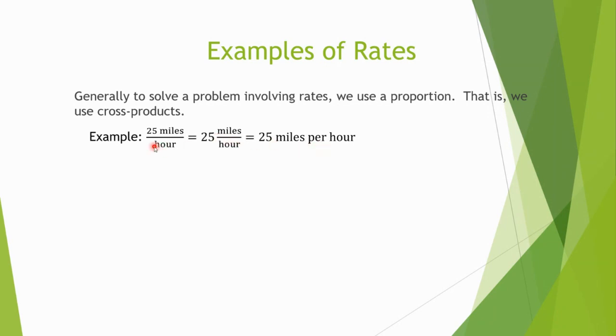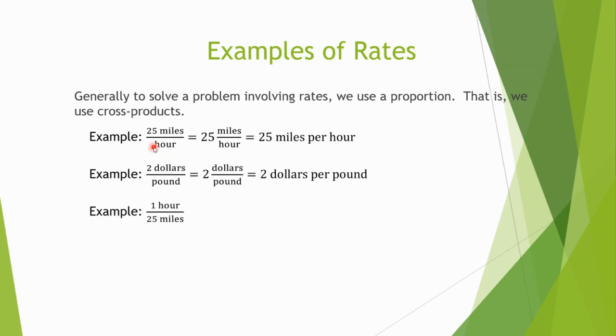Even though I didn't write 1 here, it's understood to be 1 hour. Another one, as I said before, with going to the store and buying something, $2 per pound. These are examples of rates. In fact, these are unit rates. And you can actually flip, yeah?